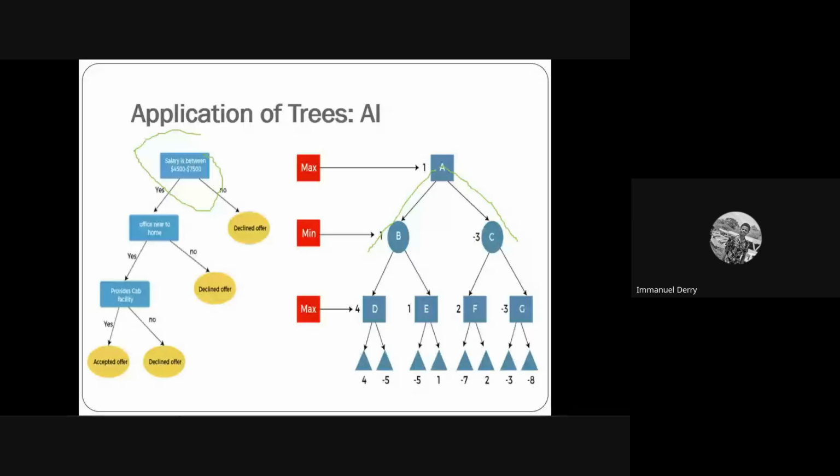So if the salary is in this particular range, all right, so any choice that we make, we try to keep track of it at this point. So we have the min max.